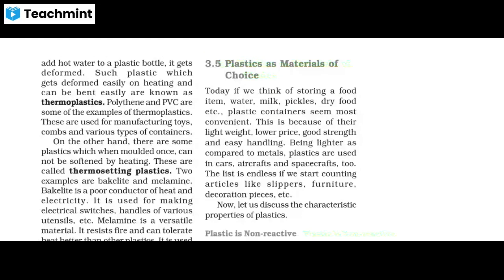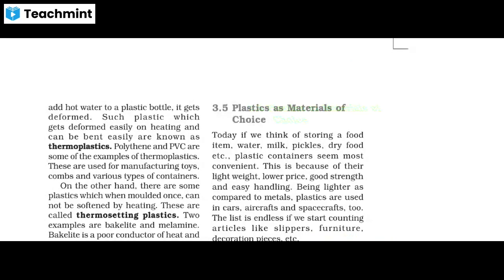Okay, look here now. Hot water: some plastic gets deformed. If you put hot water or anything hot on it, it will bend because those plastics are very soft. They are going to deform their shapes easily. When some amount of heat is given to those plastic articles, they deform their shapes.